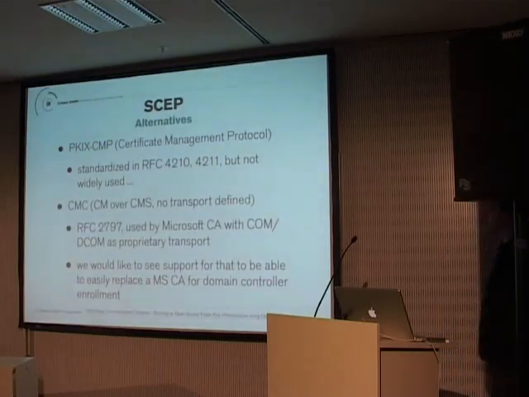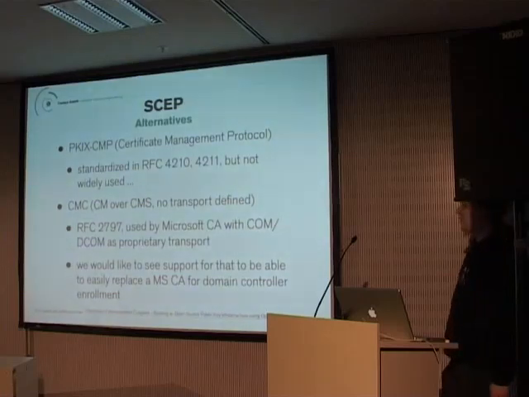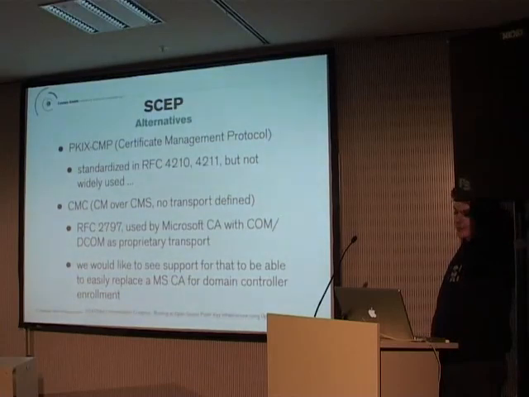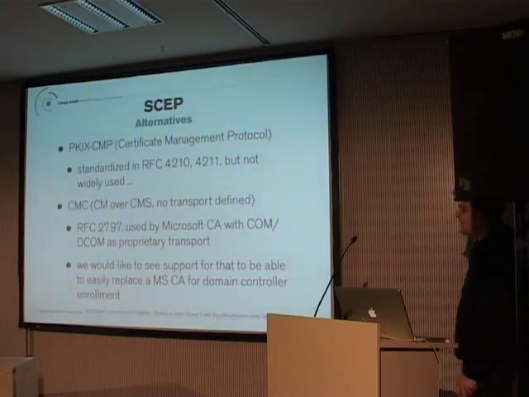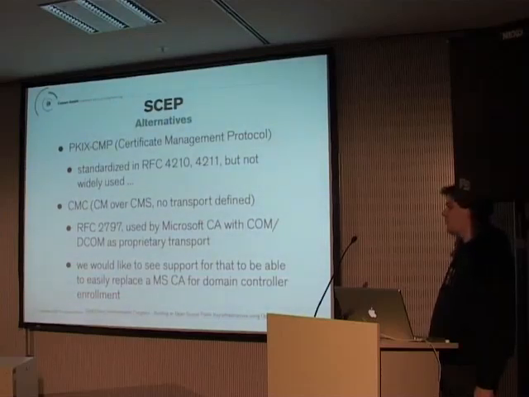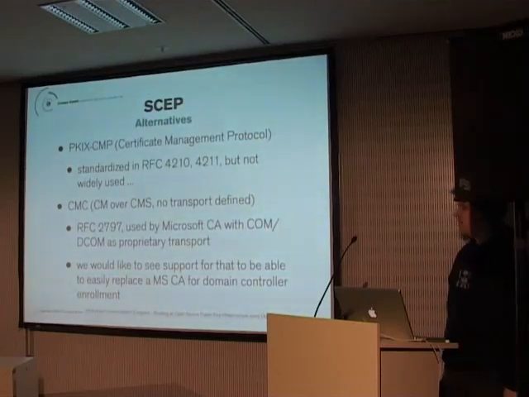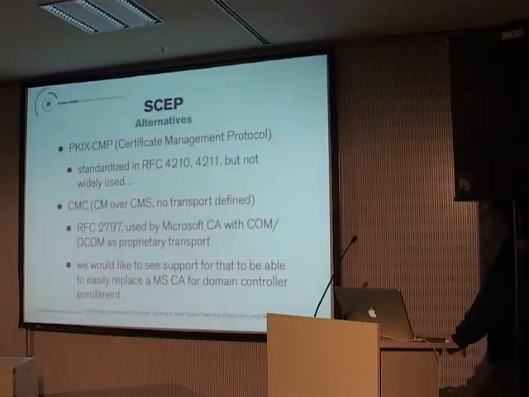So the other thing that is there is CMC, which is certificate management with cryptographic message syntax, which basically is a superset of PKCS7, and it comes from S/MIME. It's standardized as well, and well, the problem is that there's no transport defined.